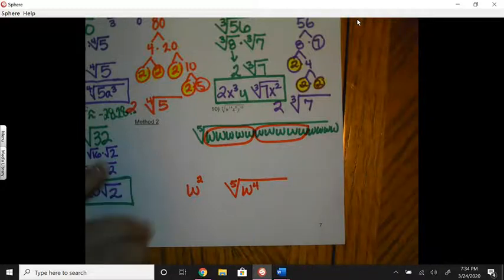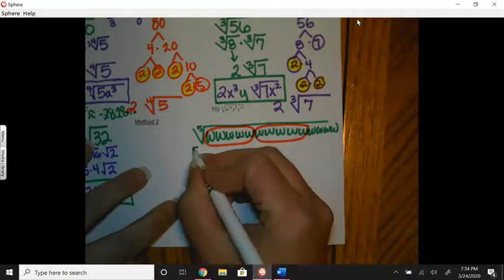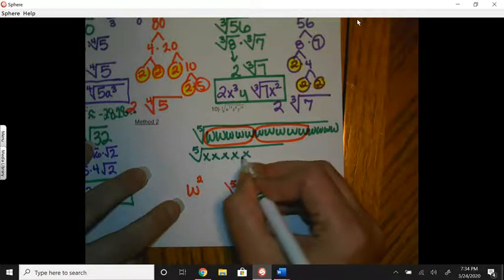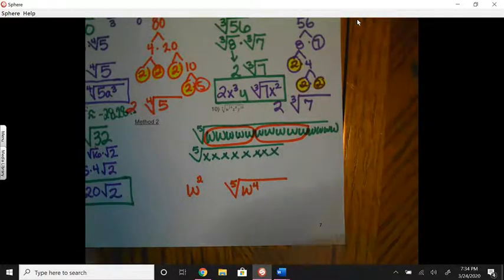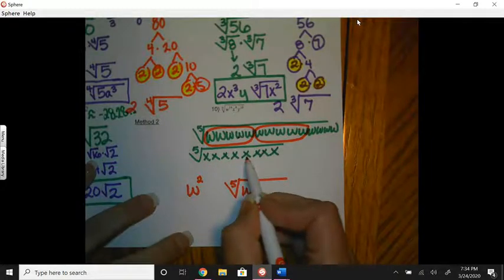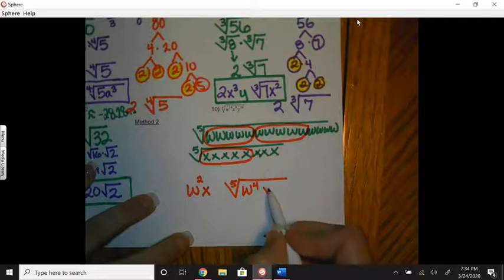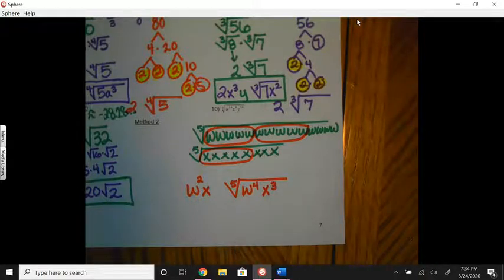Now we would do that for the X's, and we're looking for groups of 5. We'd only have 1 group, and we'd have 3 left. So again, this is essentially the same thing you would get if you would just use division.